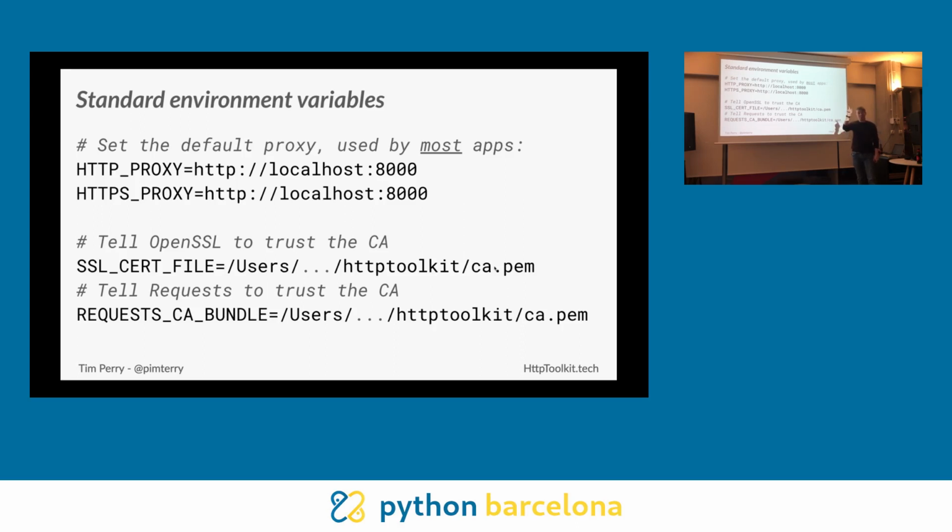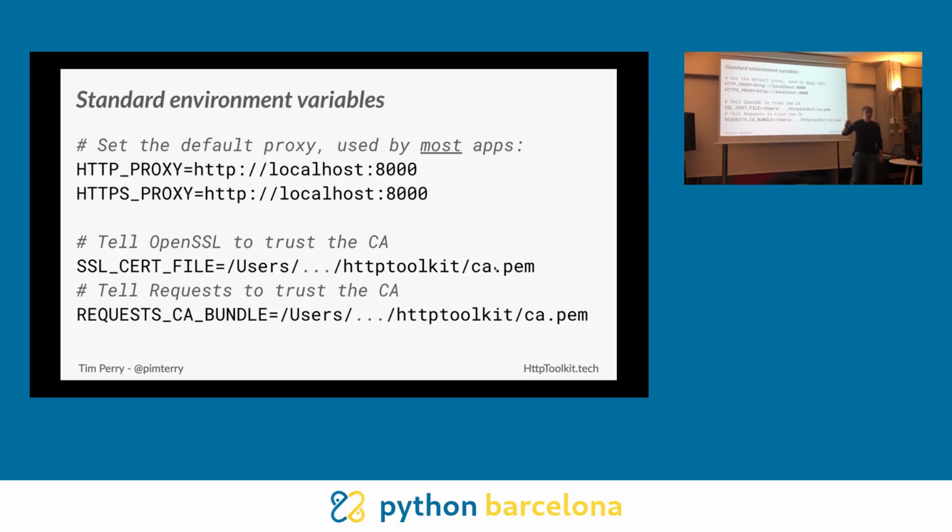And if that terminal starts Python, and that starts curl, and so on, all of those have these variables set. So everything gets inherited right the way down the tree of anything you run. Which means if I start the terminal and I set these two environment variables, which set the default proxy for most applications, then for most cases, I've already managed to reroute the traffic. So that's the first of the two things we need. The traffic comes to my proxy instead of being sent directly to example.com or whoever.